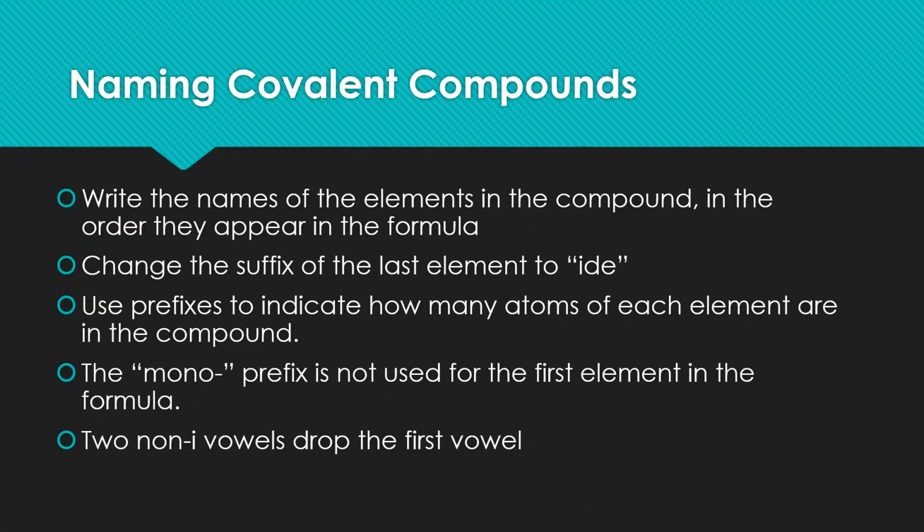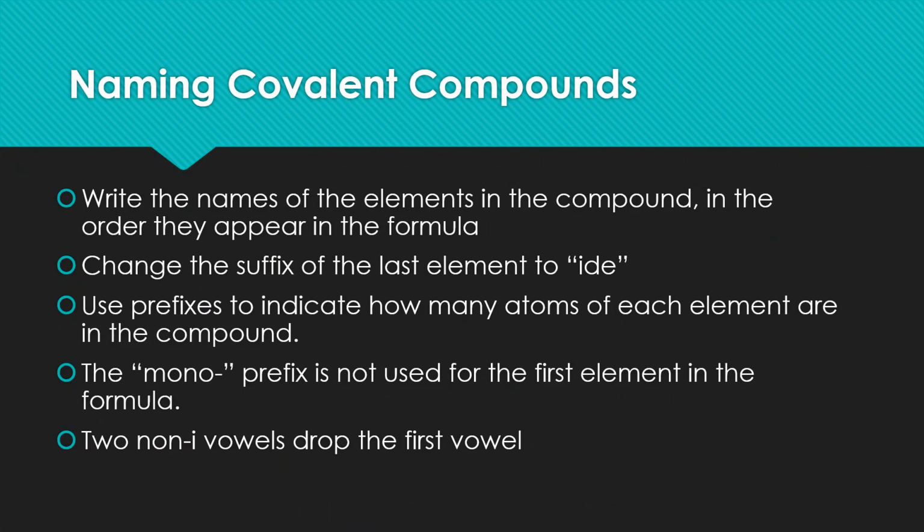Let's talk about naming compounds. Naming compounds is really easy for covalent because all you're going to do is give the name of the first element, straight up, nothing different. For the second element, just like you did in ionics, you're going to use the name with the IDE, like oxide, nitride, phosphide. And then, this is the easy part, you're going to use prefixes to indicate how many of each atom is present.